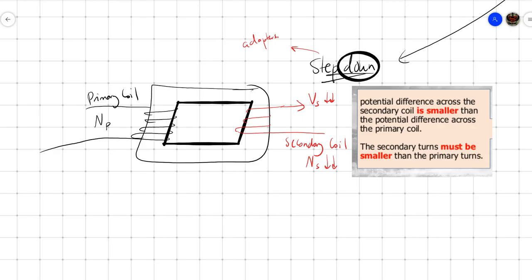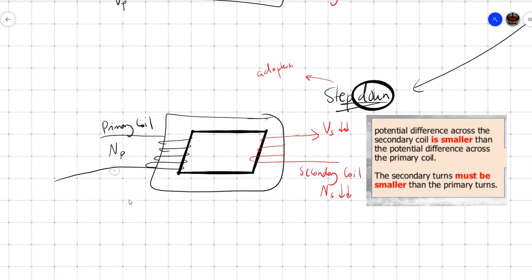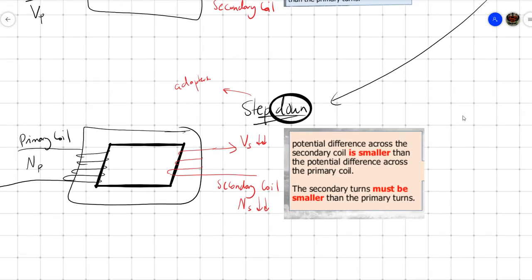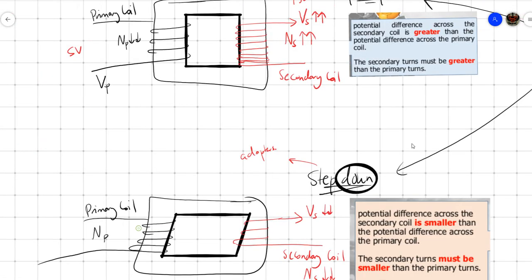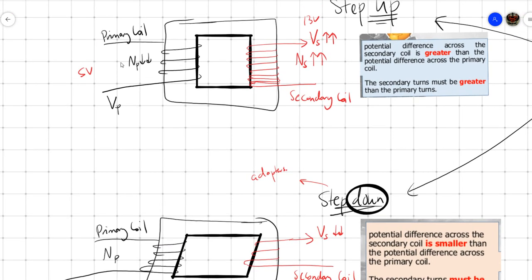In your notes, you will see a diagram on your worksheet about where we use a step down transformer from the power station. So now you can see the link between the number of turns, the voltage, and so on.